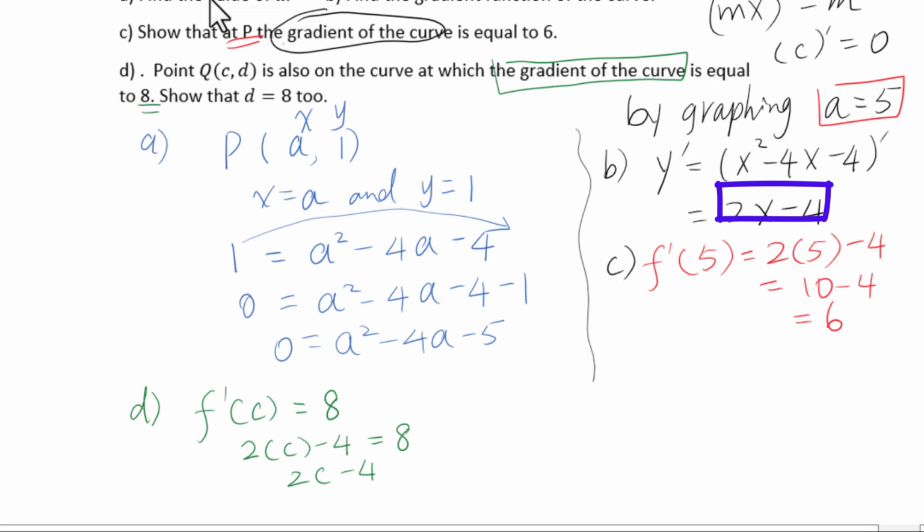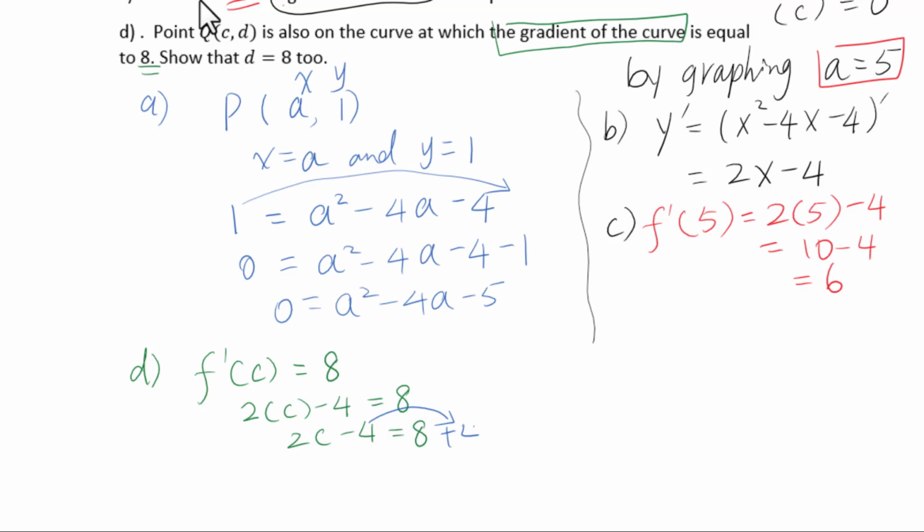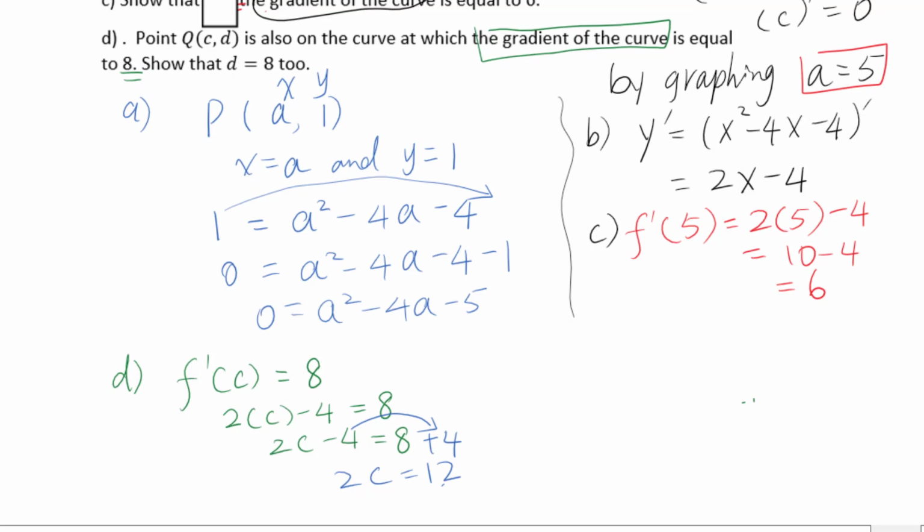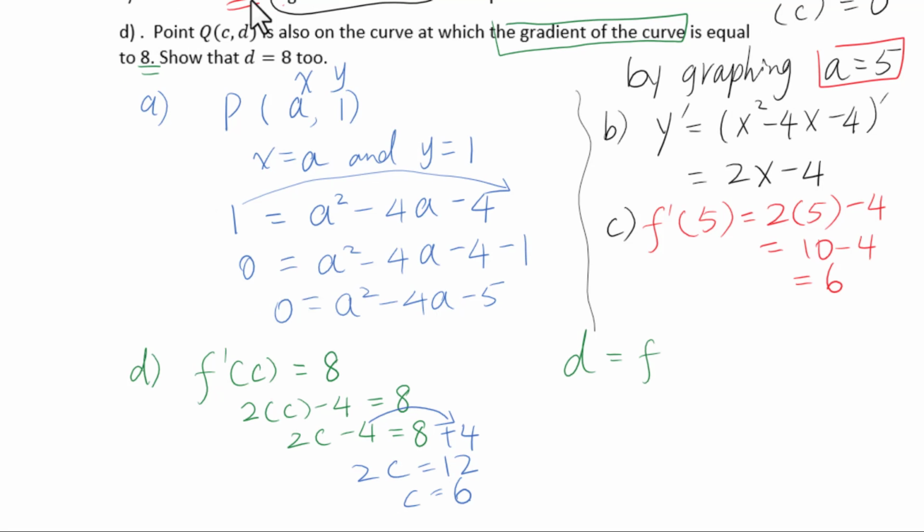Add 4 to both sides: 2c equals 12. Divide by 2 on both sides: c equals 6. Then d equals f of 6, which equals 6 squared minus 4 times 6 minus 4 equals 8. So we finish this proof.